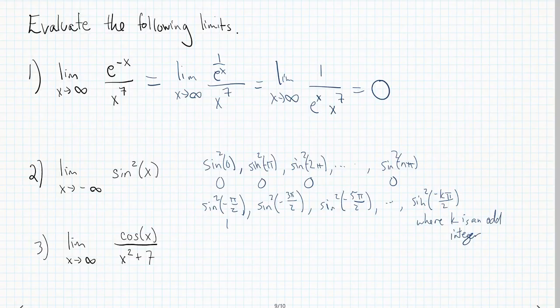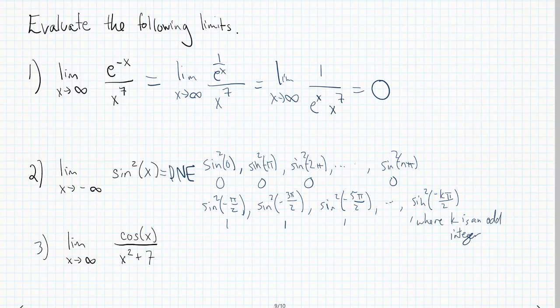Notice this gives us 1, 1, 1, 1. Notice one of these is going to 0, as we go to negative infinity with the negative n pi. The other one is going to 1, where we're going to negative k pi over 2, where k is some odd integer. So we're taking limits in two different directions as we approach negative infinity. That's impossible. Remember, it has to converge towards the same number all the time. So that means this is a does not exist scenario.